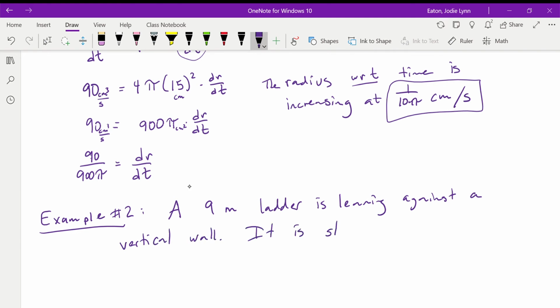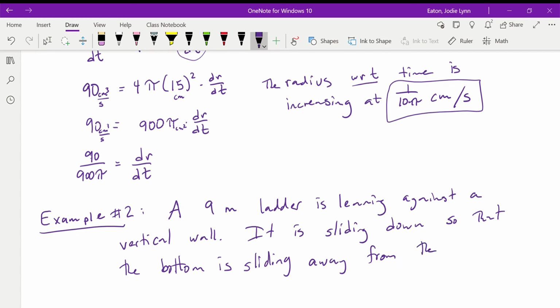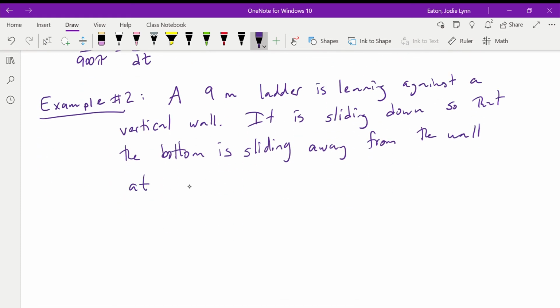It is sliding down so that the bottom is sliding away from the wall at a rate of 0.5 meters per second.